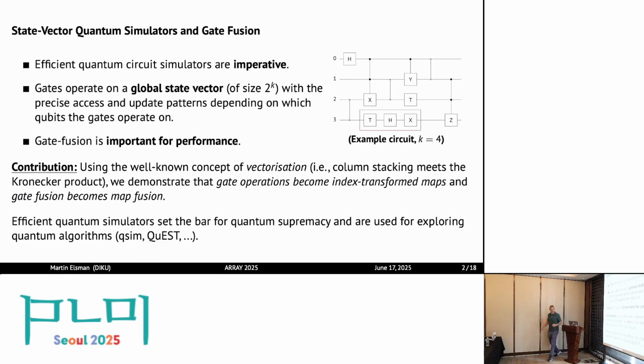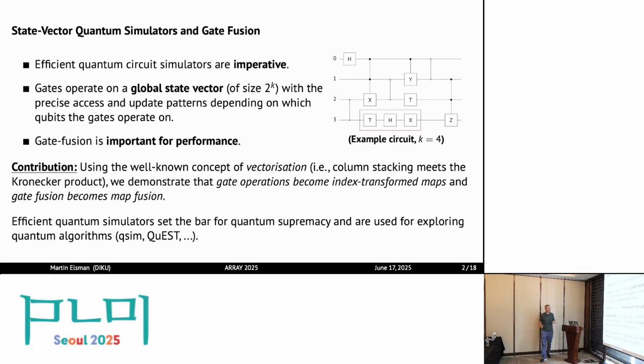The context here is about state vector quantum simulators and an approach that we have taken to implement such a simulator in the Futhark data parallel language. It turns out that when you look at these simulators, they're pretty much all imperative in nature.